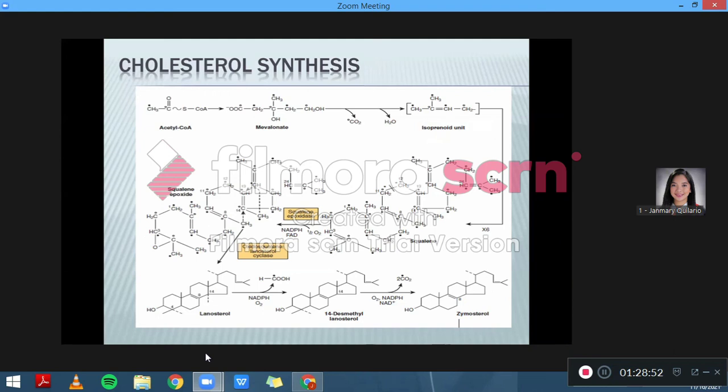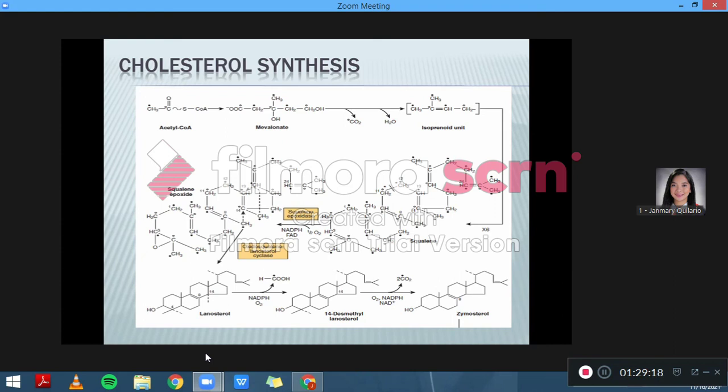Upon further condensation with isopentenyl diphosphate, this forms farnesyl diphosphate, Doc. Then two molecules of farnesyl diphosphate condense at the diphosphate end to form squalene, which is the precursor for the synthesis of cholesterol.